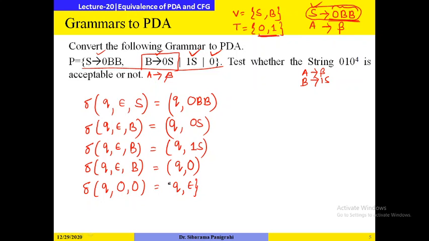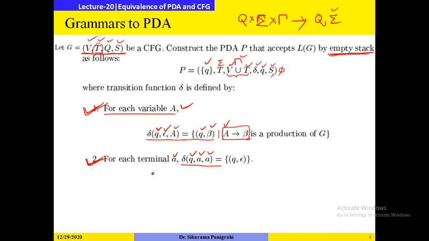You see, I have just written the same thing as above: delta of q, a, a equals (q, epsilon), where a is the terminal. The terminals are 0 and 1. So I write delta of q, 0, 0 equals (q, epsilon), which I have written.